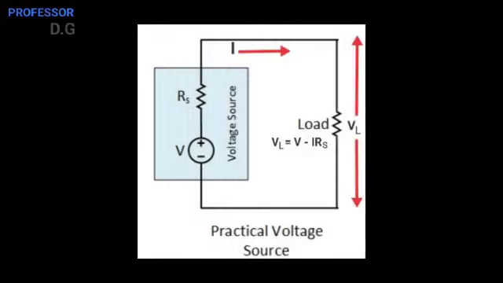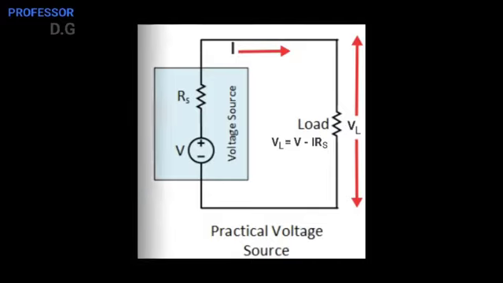Actually, the practical voltage source is represented as a voltage source with its series resistance or its internal resistance. Now the voltage drop across the load is the supply voltage minus the voltage drop across the internal resistance.